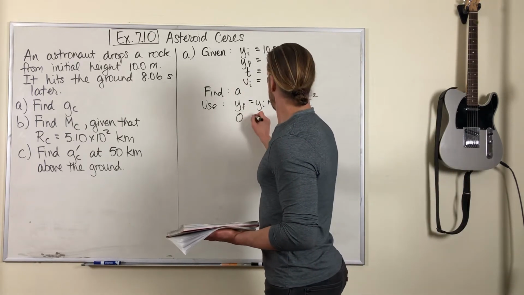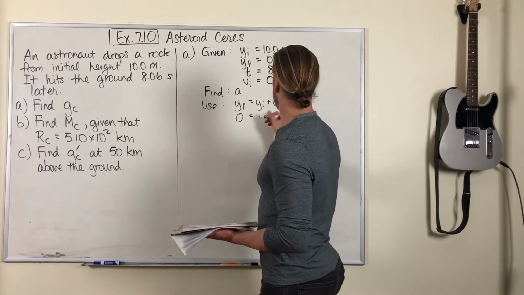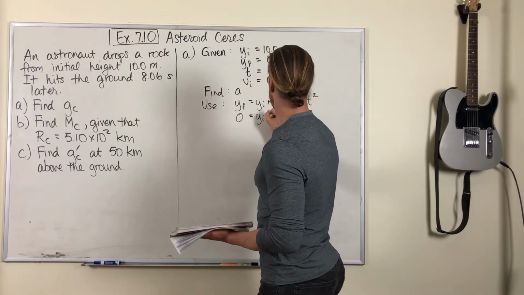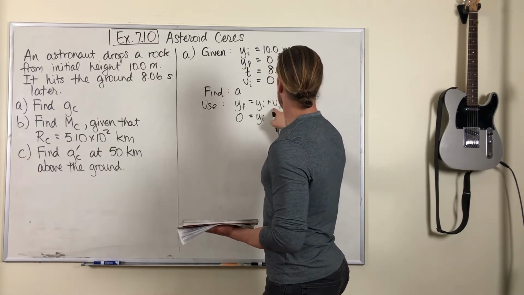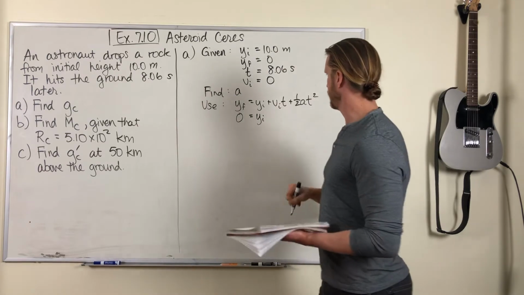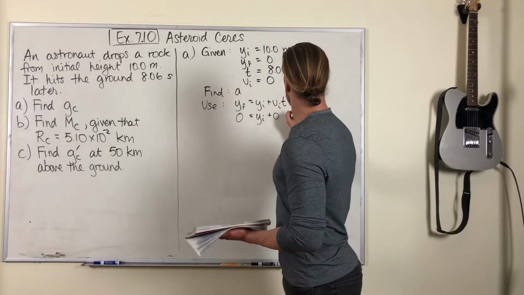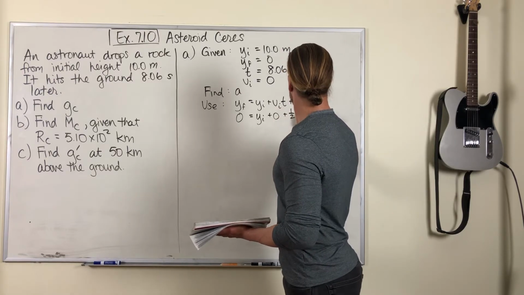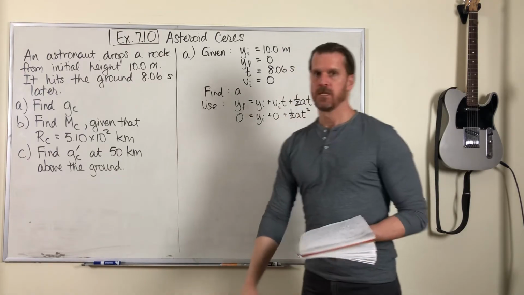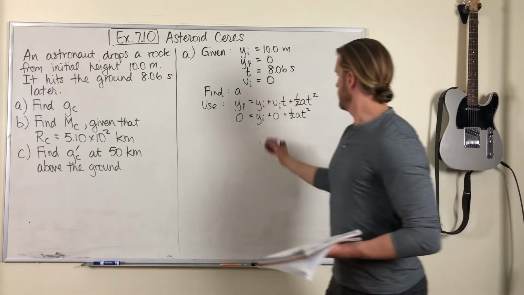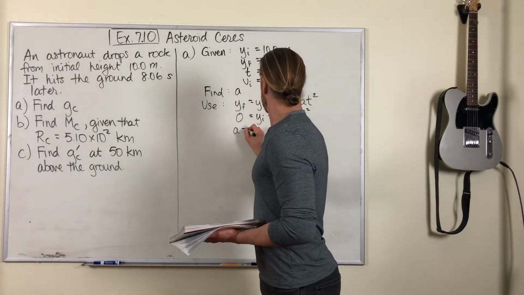y final is 0, y initial is given. I'll keep this in symbols for now. v initial t is 0. So we can solve this equation for a.